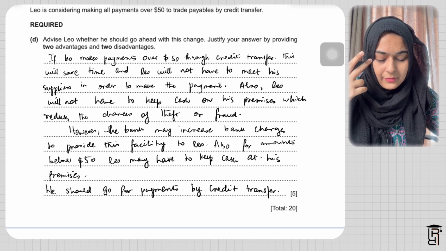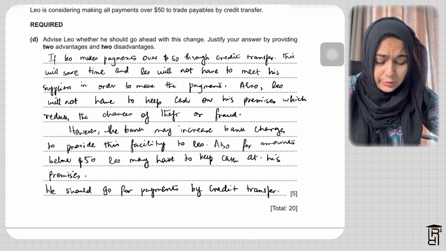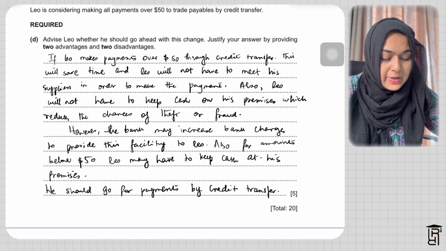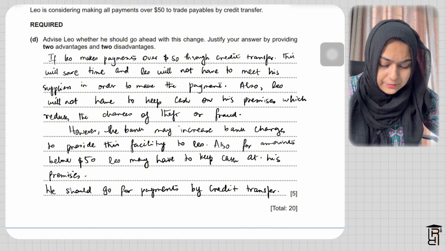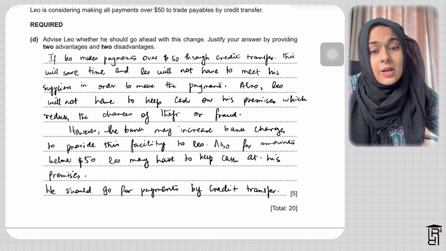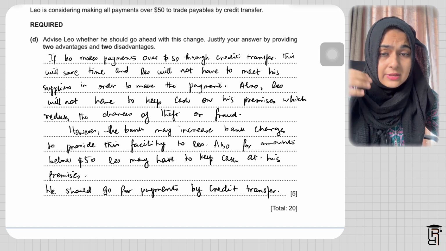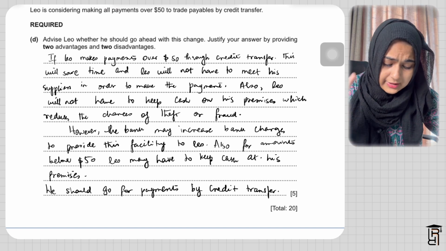So he does not have to keep much cash on his business premises, which is also good. However, the bank may increase bank charges to provide this facility to Leo. Also, for amounts below $50, Leo may still have to keep cash at his business premises. So he'll still have to keep cash because he still has to make payments below $50.